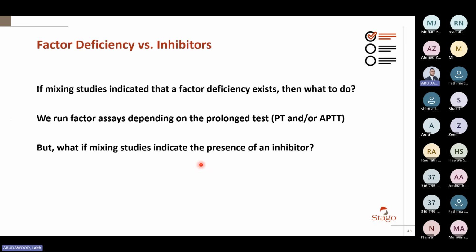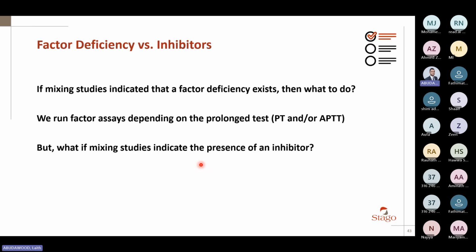So the clotting time in the factor assay will be prolonged, which means you will have a falsely low factor assay. You have to be very careful with factor assays when you have a prolonged mixing study, because you may be reporting a falsely low result.